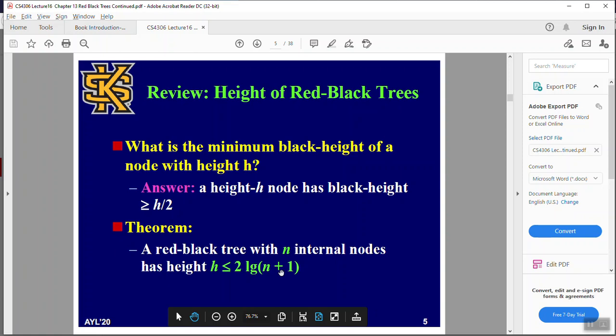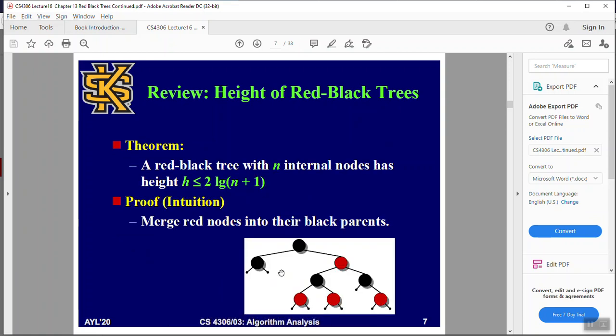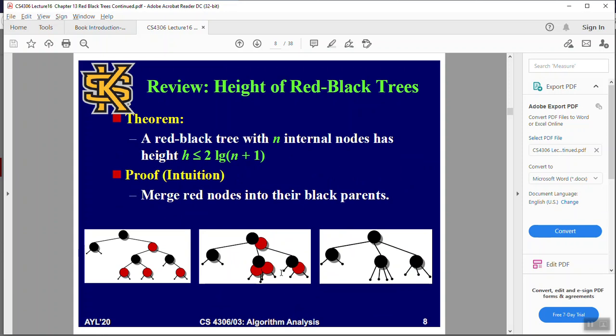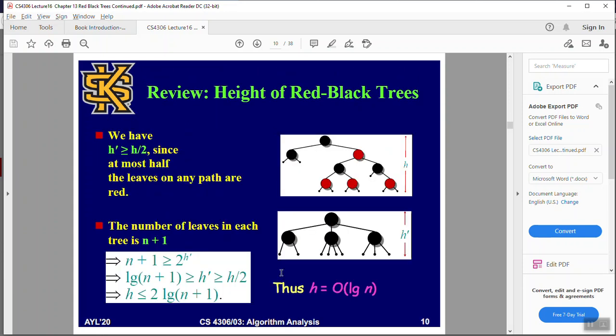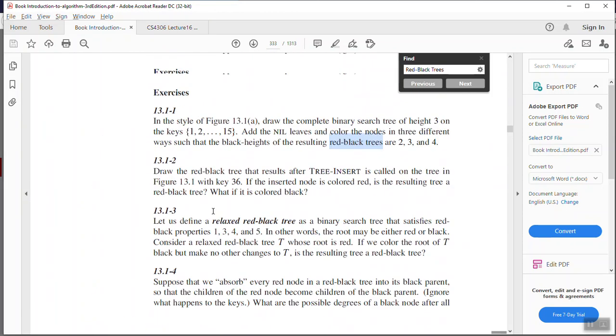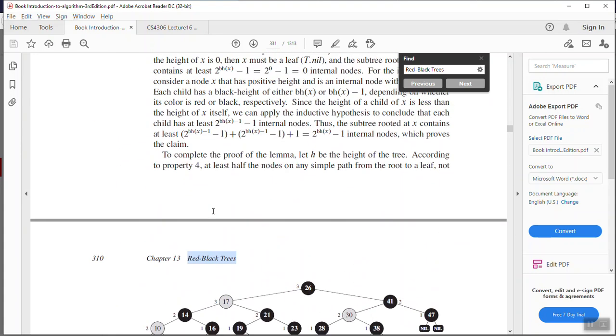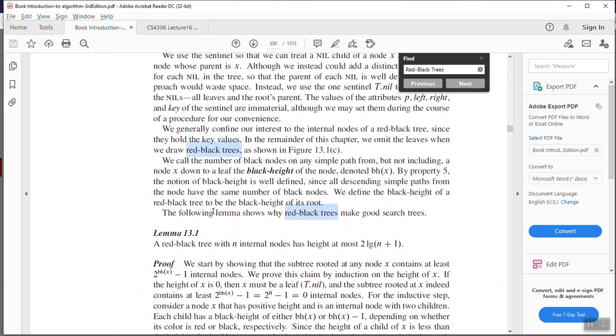So it is guaranteed. The slides have some intuitive proof, and the book has a proof as well. If you are interested in learning more, you can read through it, like this theorem.